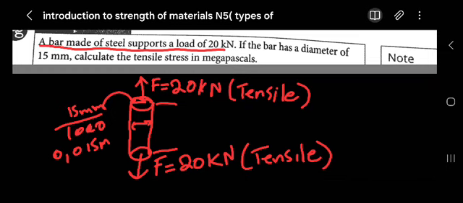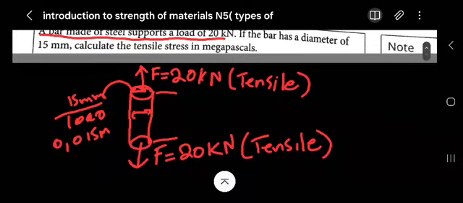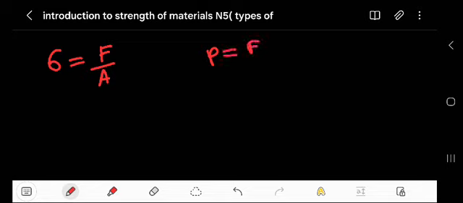It says calculate the tensile stress in megapascal. I want you to note something. Stress is equal to force over area. Also pressure is equal to force over area. Hopefully you know this.